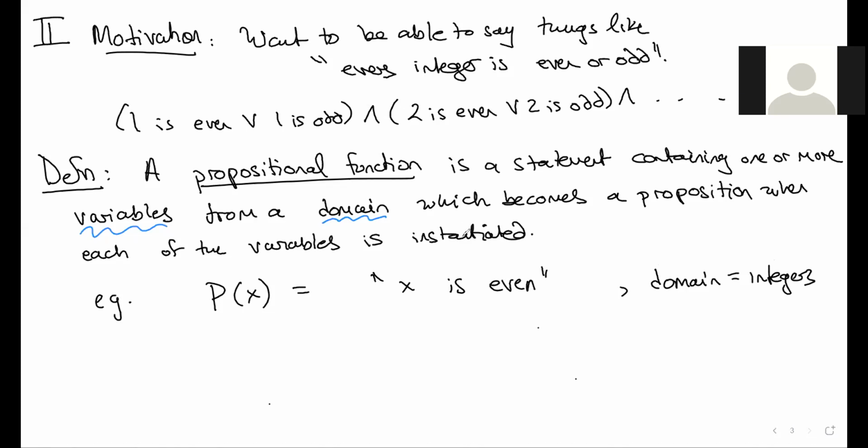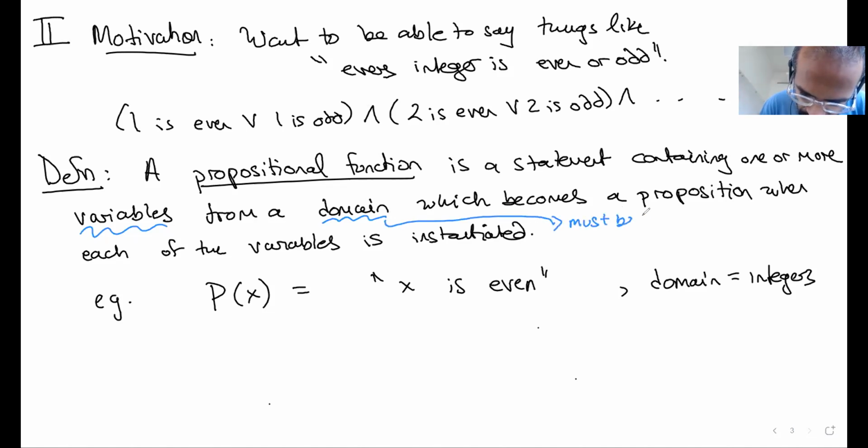So x is even is not a proposition by itself, right? Because it's not true or false, because we don't know what x is. But when you plug in x from this domain, which is the integers, so the domain must be specified. Often it's implicitly specified, because if we're saying something is even, the domain could be integers or positive integers or something like that.